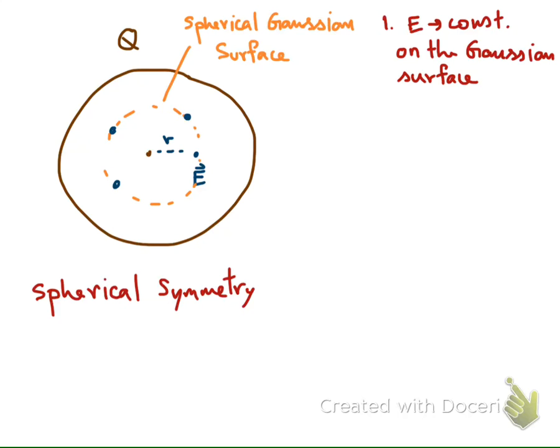And the second is that, again, E points in the radial direction.